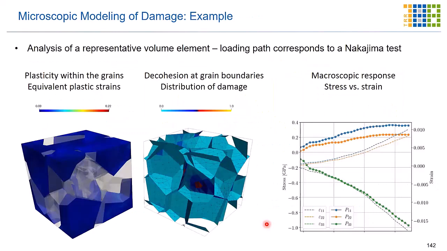And just to give an example of how the result looks, you can have here the plasticity within the grains. You can compute the equivalent plastic strains shown here. So some grains undergo plastic deformations, some do not, or not yet. And then you have the decohesion at grain boundaries, where you have the distribution of damage, for example, localized inside this RVE.